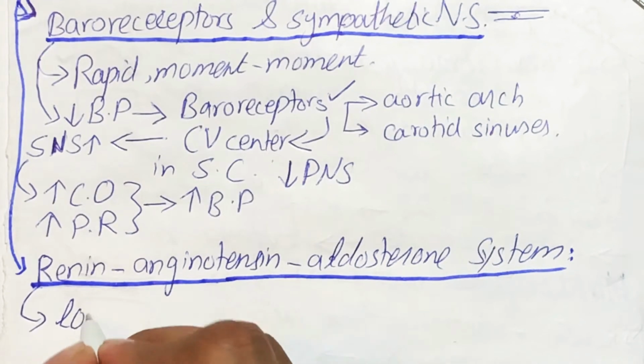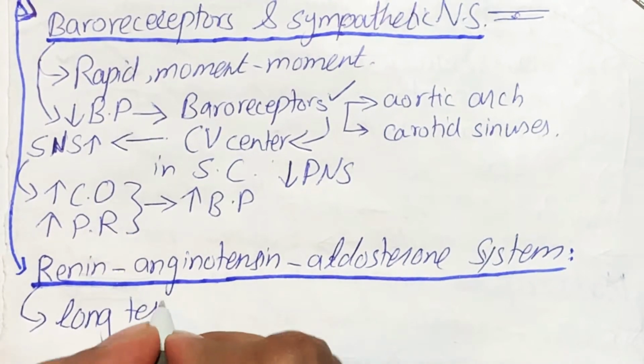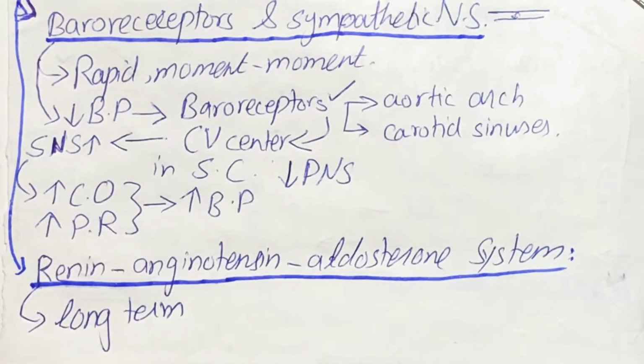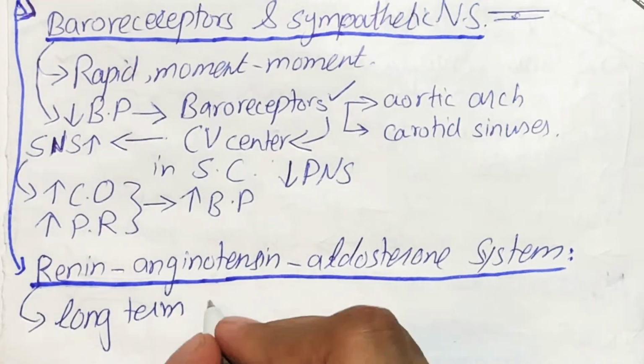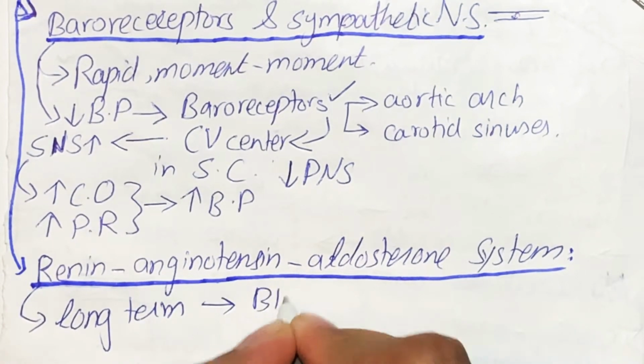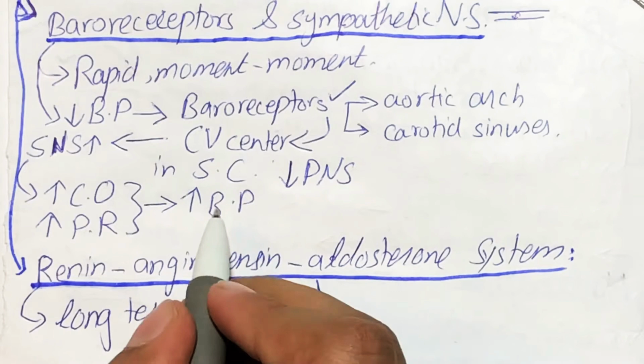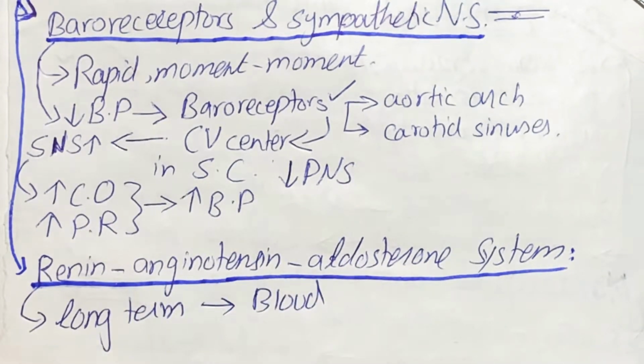So it is actually long-term control of blood pressure by altering blood volume, because here only cardiac output and peripheral resistance are being changed, which results in changes in blood pressure.